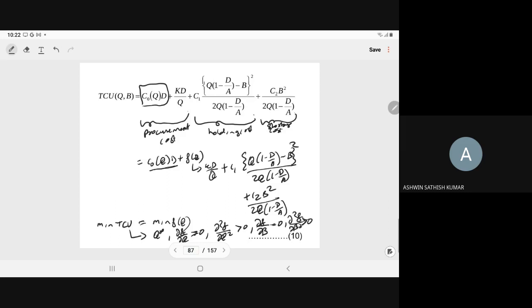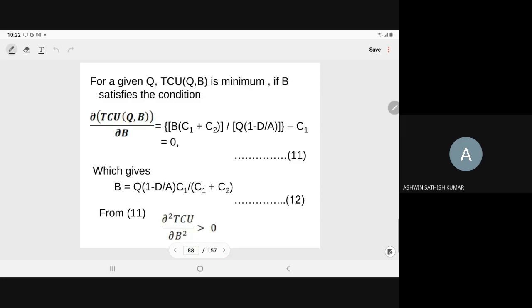So in this case, you have some Q, or optimum Q. Here we will follow that procedure. First, for a given Q, TC of Q comma B is minimum when B satisfies the following condition.